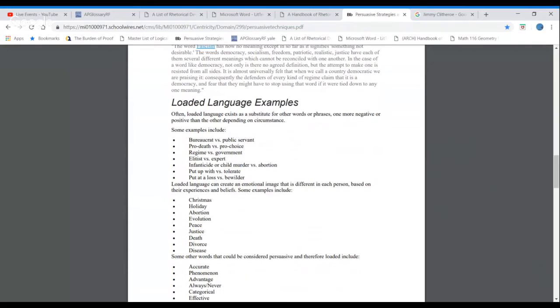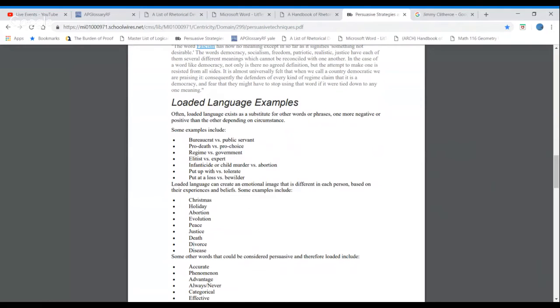Loaded language can create an emotional image that is different in each individual based on their experiences and beliefs. I'll go into them in a second. So when people hear the loaded term flat earth, some people think certain things, some other people think other things.